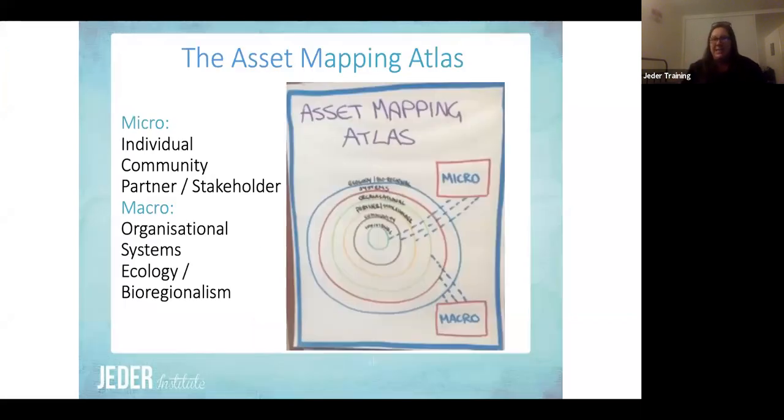So this is the atlas, what it looks like at the moment. I'll give you a story about where this started from. Michelle and I had lots of discussions about the different elements of asset mapping and the different ways that we can organize the assets, but also what about when it's targeted?